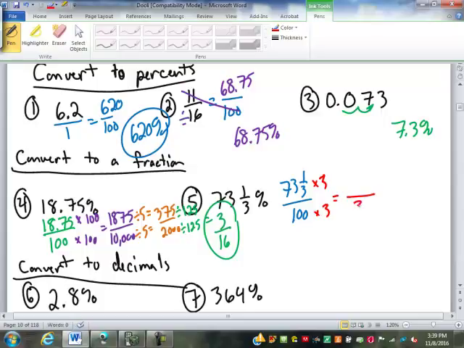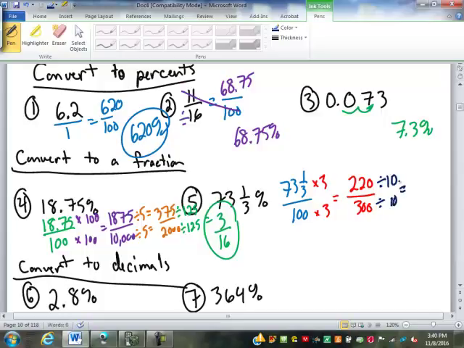So 100 times 3 is 300. 73 1/3 times 3 gives us what? 220. Both of those can be divided by what? 5 will work. Then the zeros also, so maybe 10.